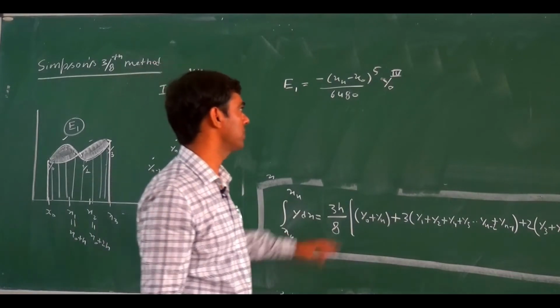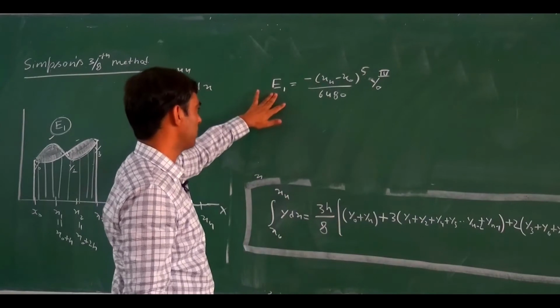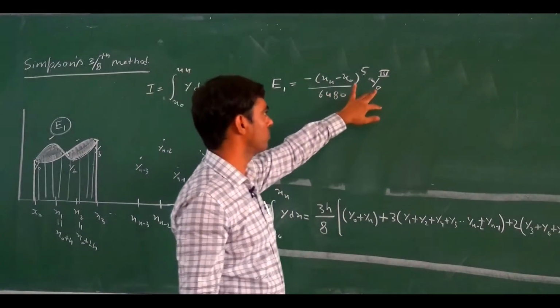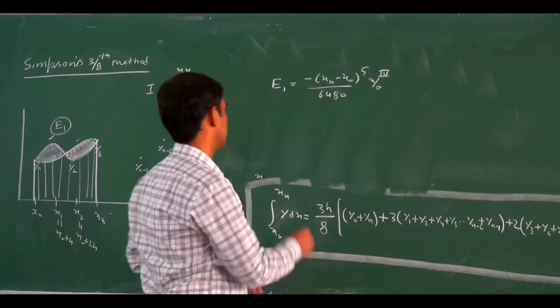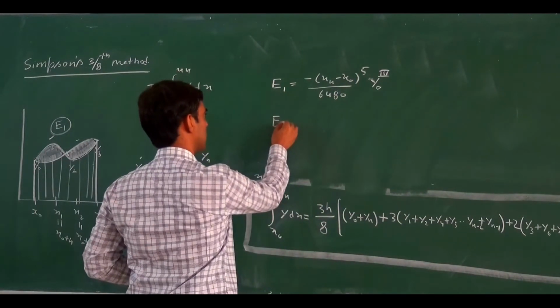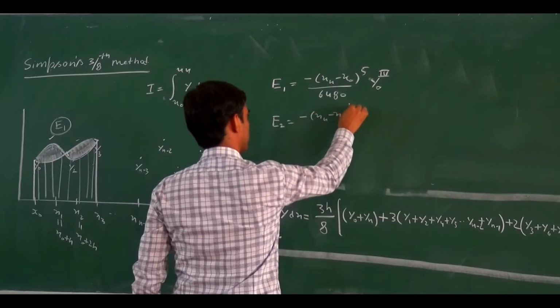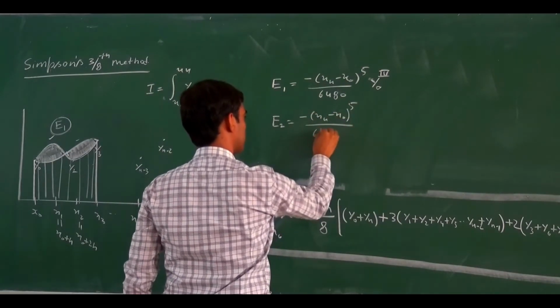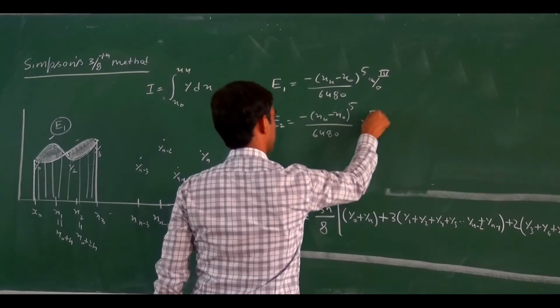The order of the derivative is 4. Similarly, if we find E2, it will be y3 to the power 4: E2 is minus (xn minus x0) to the power 5 divided by 6480 times y3 fourth derivative.